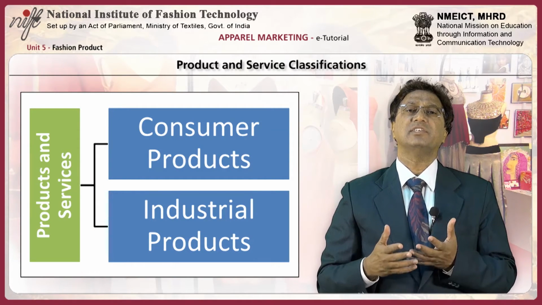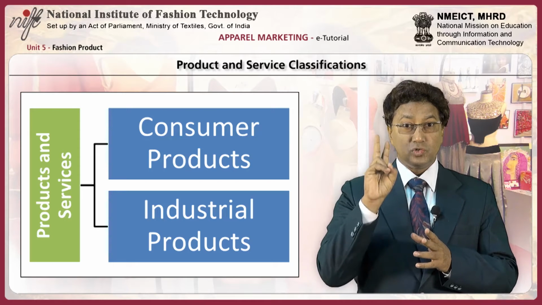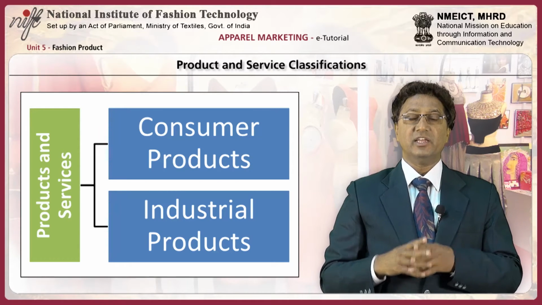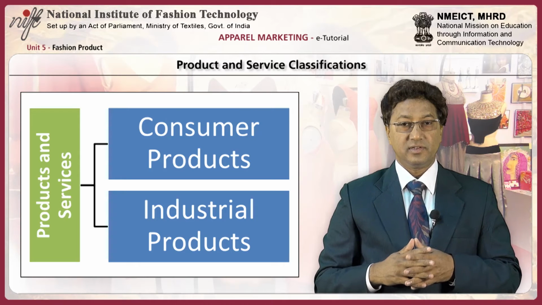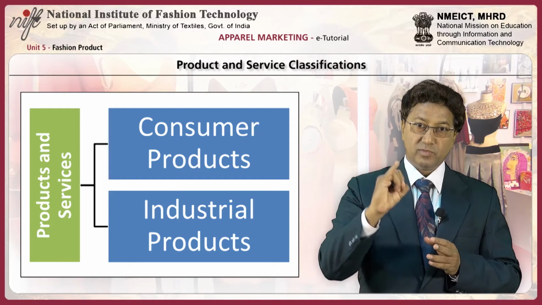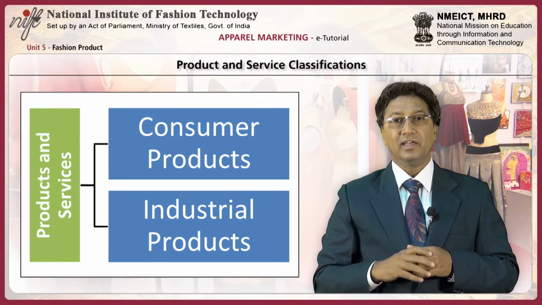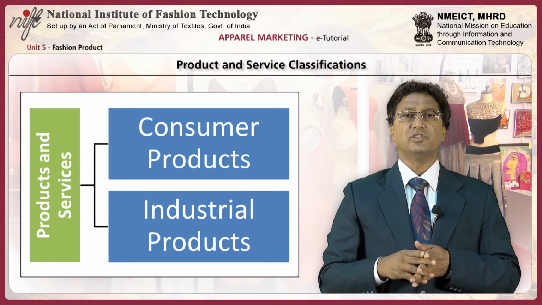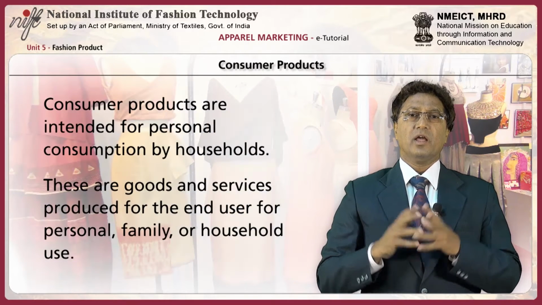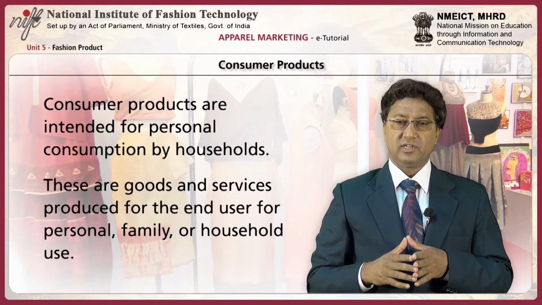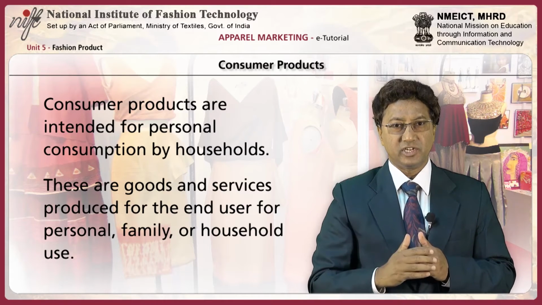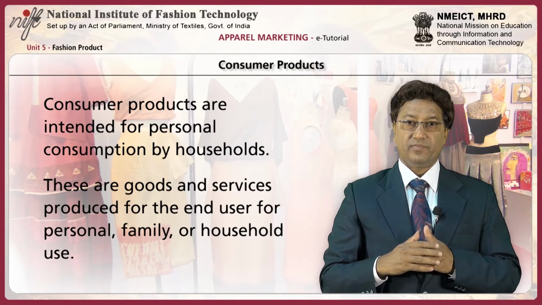Products and services fall into two broad categories based on the type of end user: consumer products and industrial products. Now let's understand what a consumer product is. Consumer products are intended for personal consumption by households.